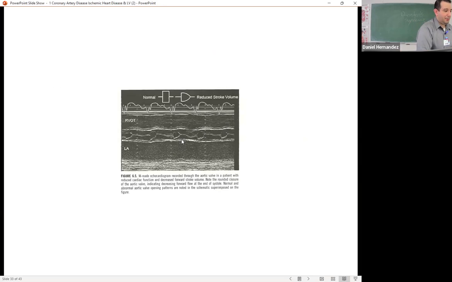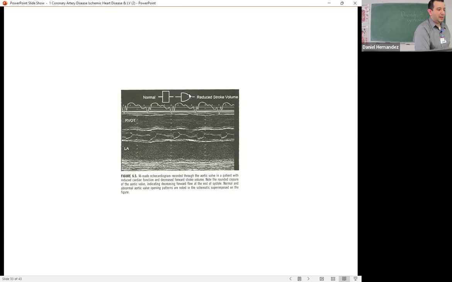So this is an example. A nice normal M mode for aortic valve, we should have a nice diameter, a nice box. So an abrupt opening, and then during the systolic period the valve stays uniformly open, and then we get an abrupt closure. So if we have reduced EF and poor systolic function, it opens, we get that blood flow going out due to those pressure differences.